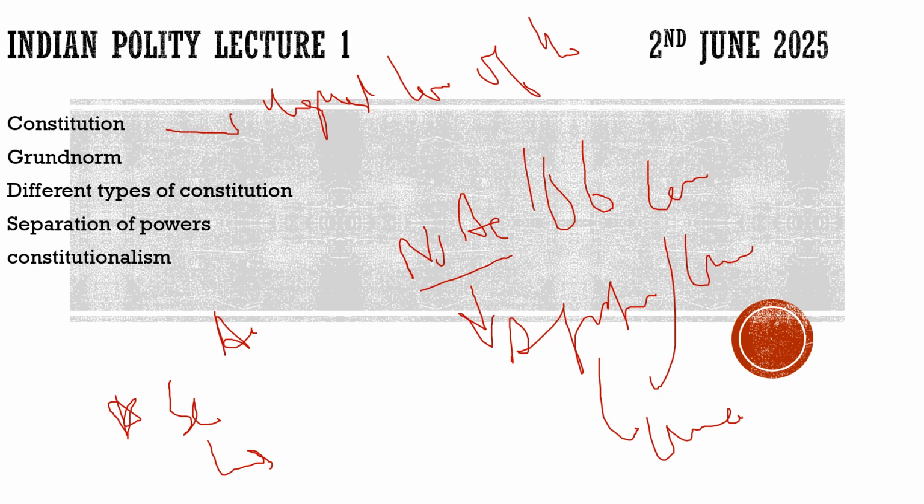Now the question is, can a Constitution be bad? Can a Constitution be good? If it is bad, should we call it a Constitution? If it is not following democratic values, should we call it a Constitution? For that, the answer lies in our discussion.